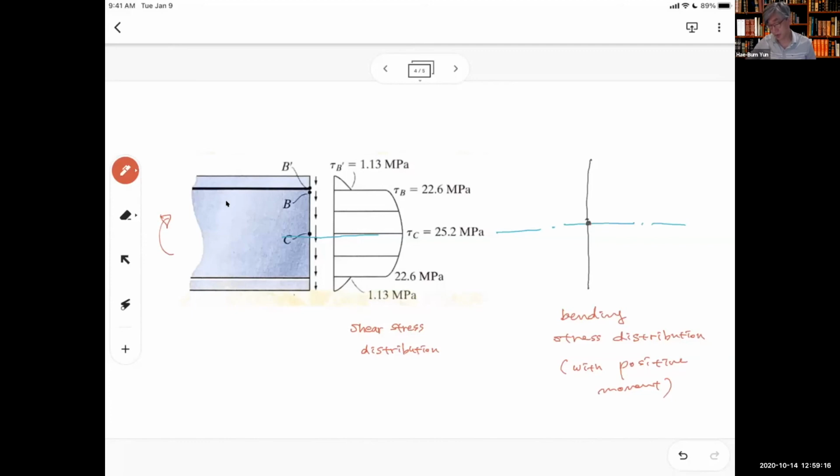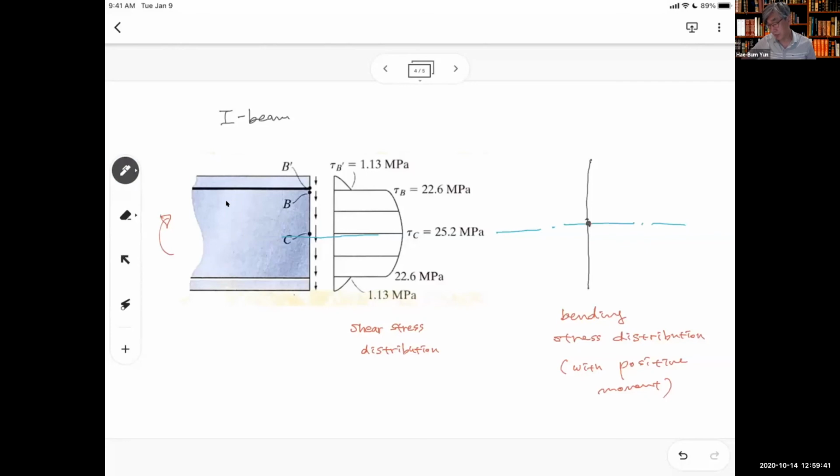We are solving the same I-beam. So still, we have a 0 bending stress at the neutral axis. How about top and bottom? We're gonna have a maximum.